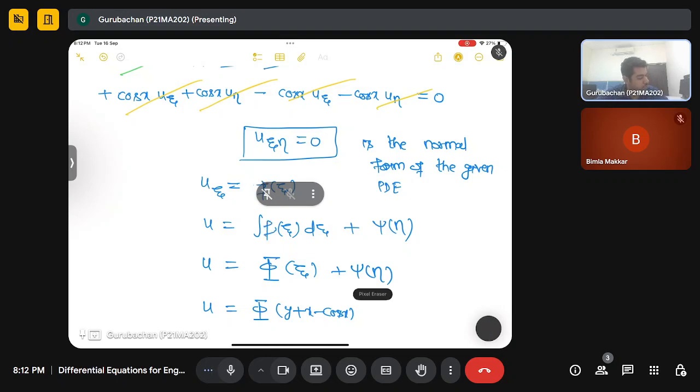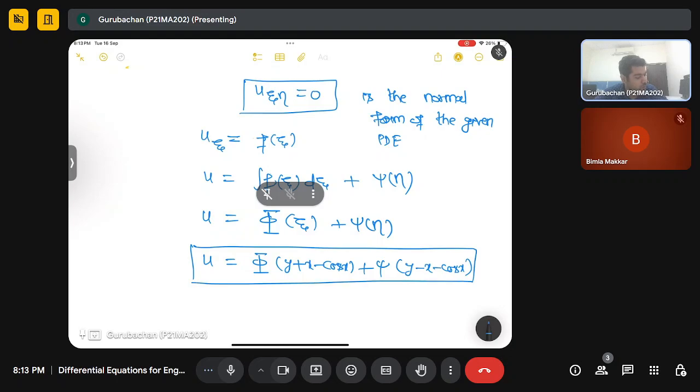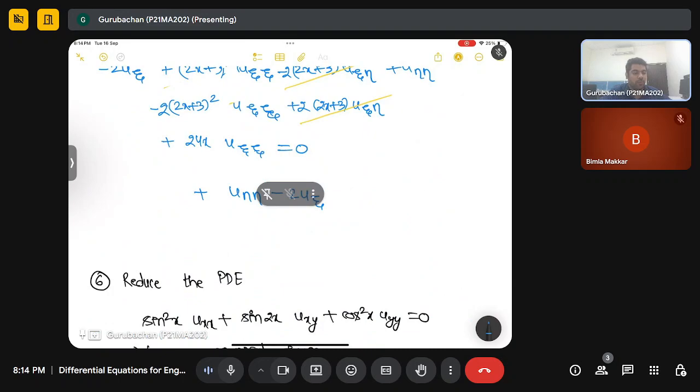So this will be some psi of y minus x minus cos x. This is the general solution of the given PDE. Okay, let me stop here. Thank you.